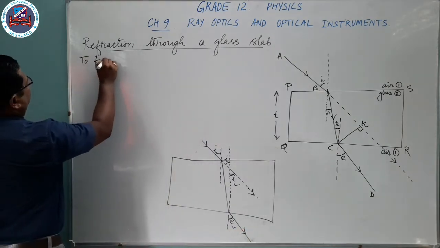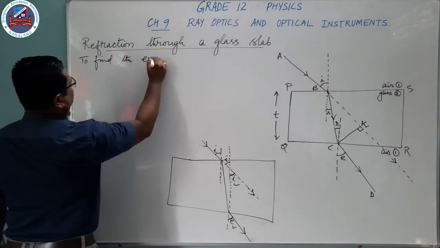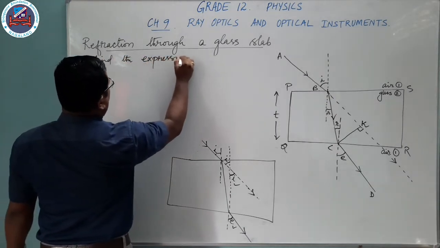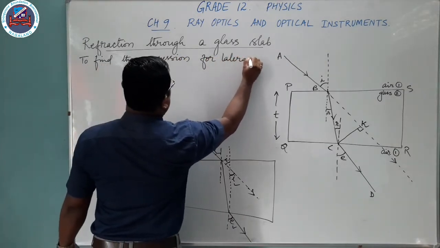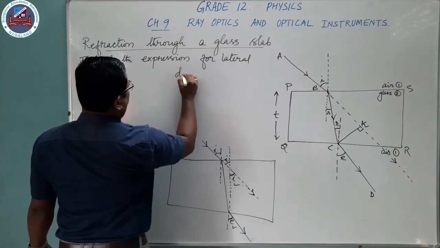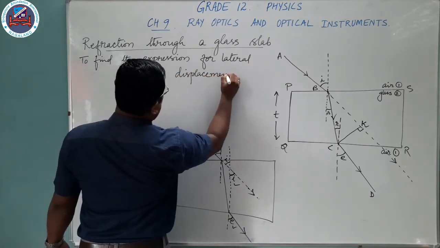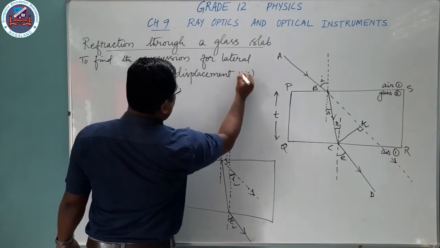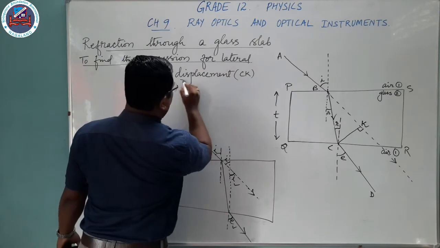To find the expression for lateral displacement, in our diagram it is CK. CK is the lateral displacement. Let us find one relation.